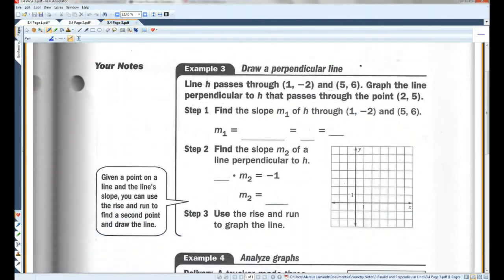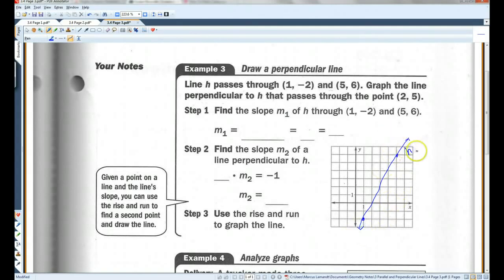Line H passes through 1, -2. 1, -2 is here. And 5, 6. So 1, 2, 3, 4, 5. 1, 2, 3, 4, 5, 6. So let's see if I can draw a straight line here. Third time's a charm. Okay, kind of straight. There we go.